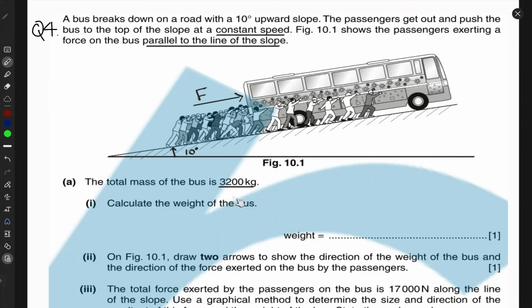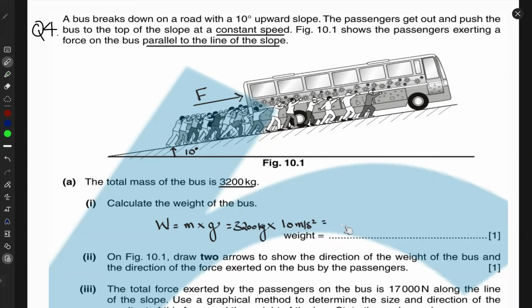How would you do that? We know weight is mass times the acceleration due to gravity, which is g. The value for g you can take as either 10 or 9.8 meters per second squared, while the mass of the bus is 3,200 kilograms.